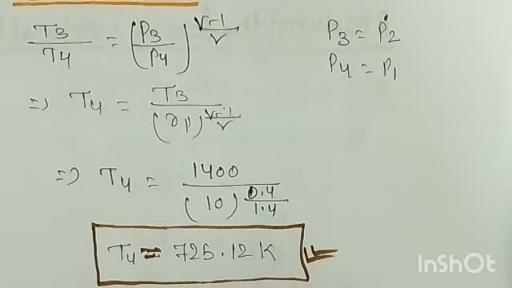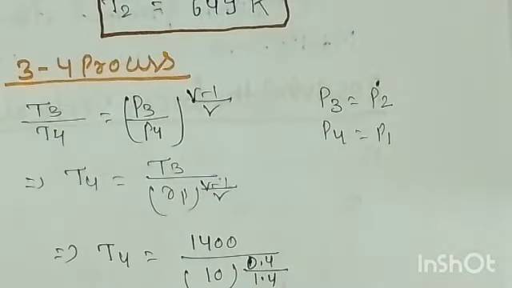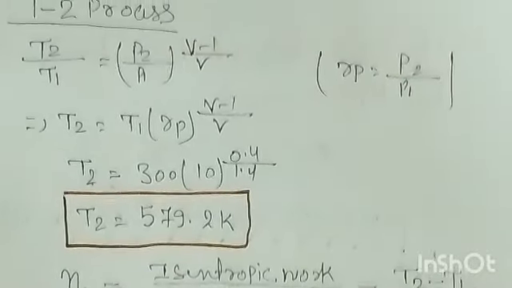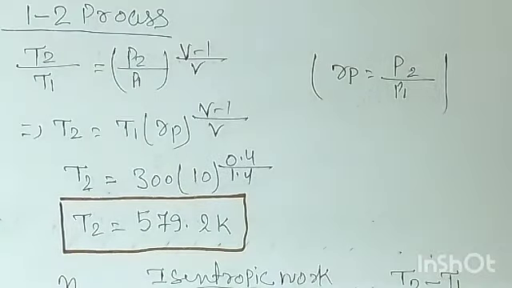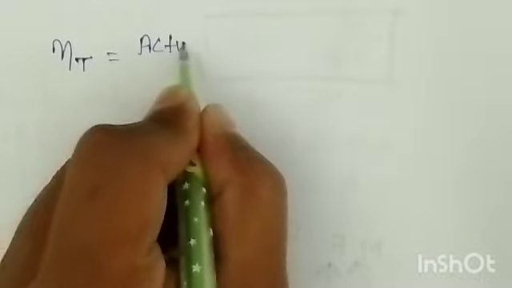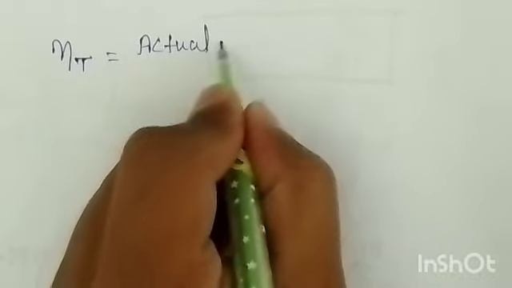So T4 is 725.12 Kelvin. Now we need to find the actual temperature at the end of the reversible adiabatic expansion. For finding the actual temperature at the end of the expansion, we will use the turbine efficiency. You know the turbine efficiency, eta T, is the actual work over the isentropic work.